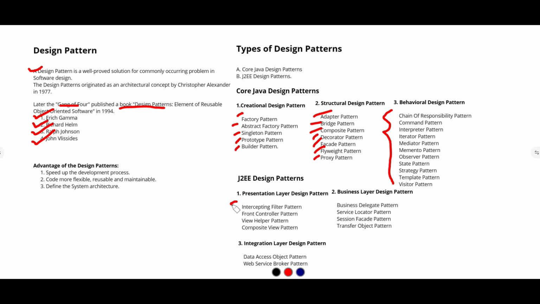Also you can see under presentation layer design pattern we have these many, under business layer design pattern we have these many, and under integration layer we have these two design patterns. So I will cover the J2EE design pattern also in a different series, but not in this series. In this series mostly I'll cover the core Java design patterns.